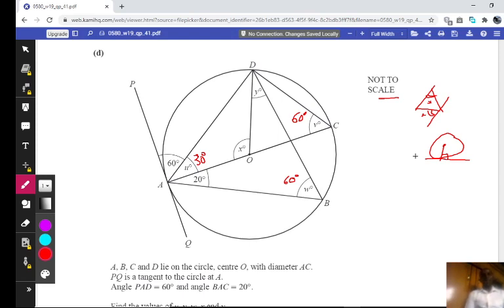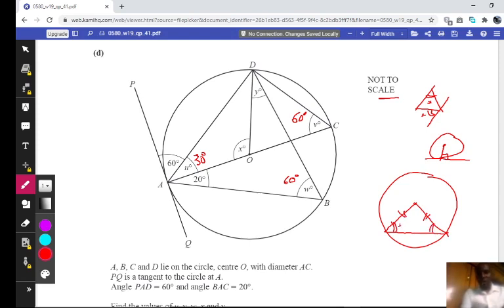Now to find X, we can use this triangle here. Radius and radius join together, like this one is a radius, and this one is a radius. So two radii joined together form an isosceles triangle, which means this angle and this angle are the same.